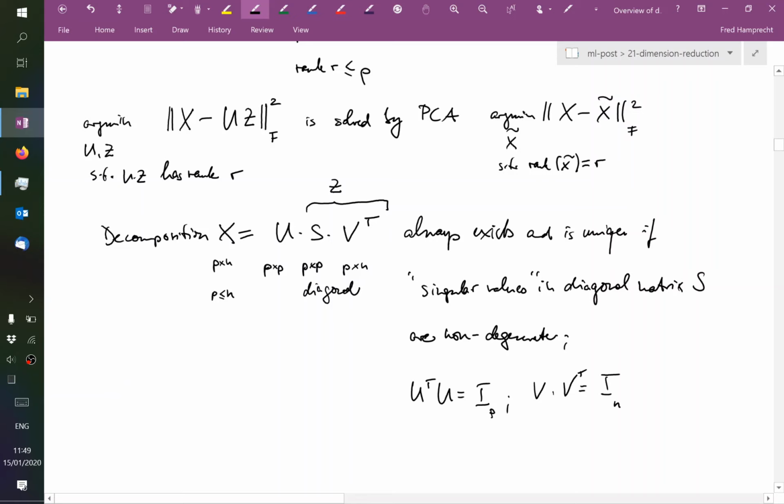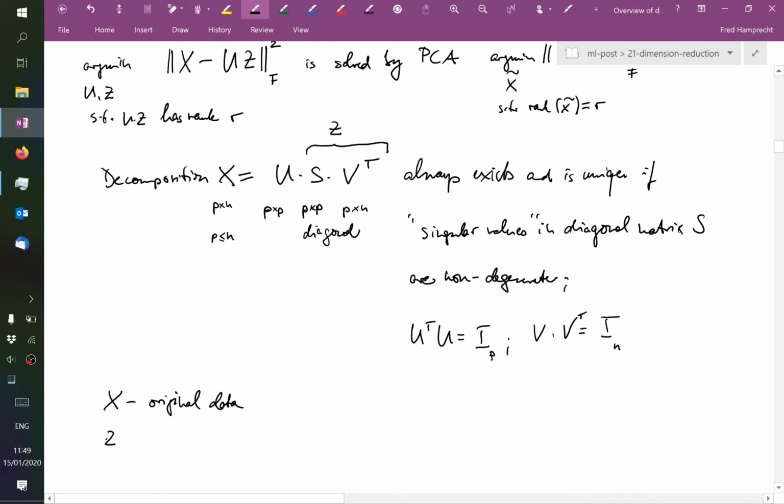And so we have these different quantities here. We have X, which is the original data. Then we have Z, which is the low-dimensional representation. Or I'm going to call this the encoding here.